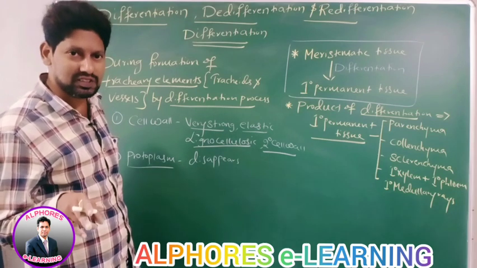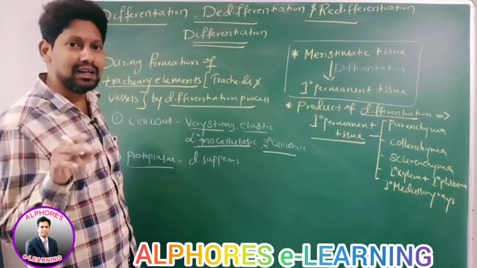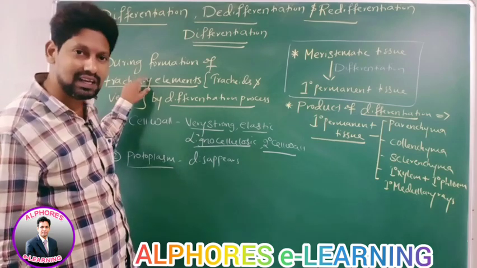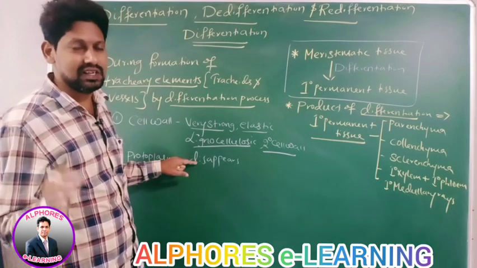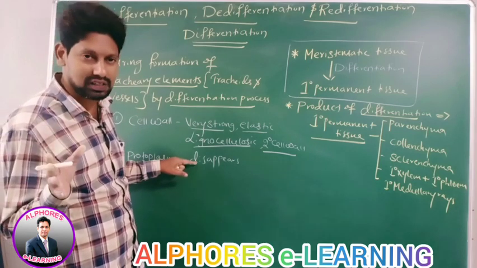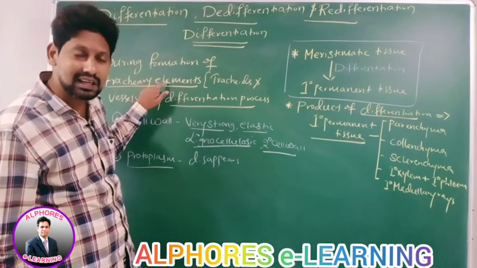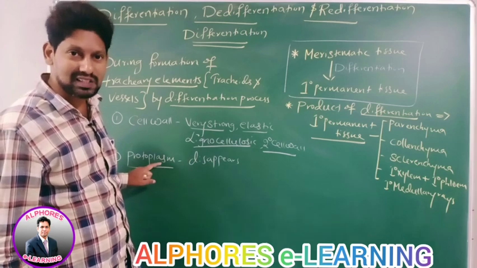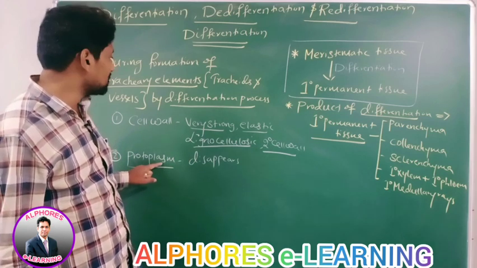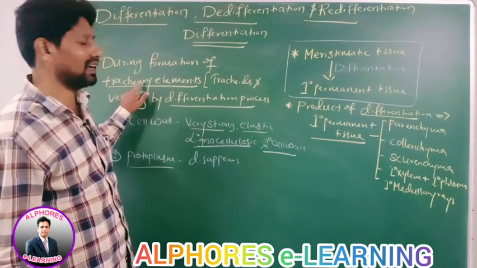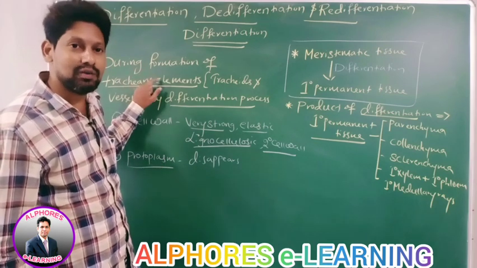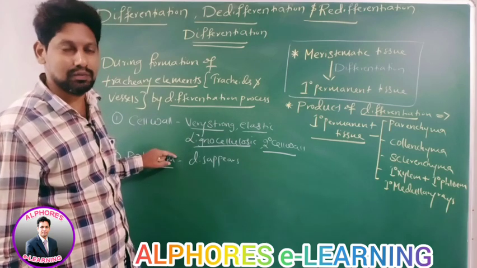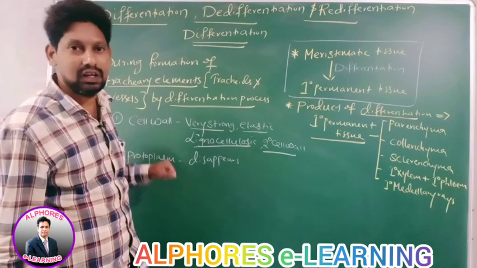This statement is very, very important. During formation of tracheary elements, protoplasm disappears because protoplasm obstructs the movement of water and minerals through tracheary elements. Is it okay? Right? Thank you.